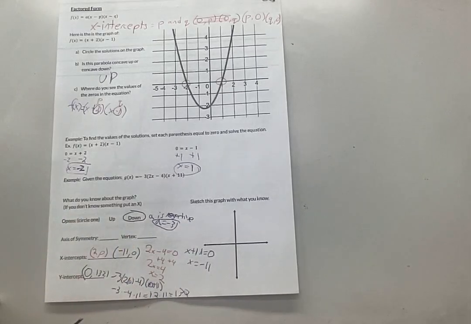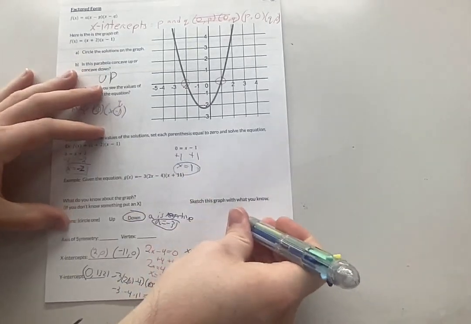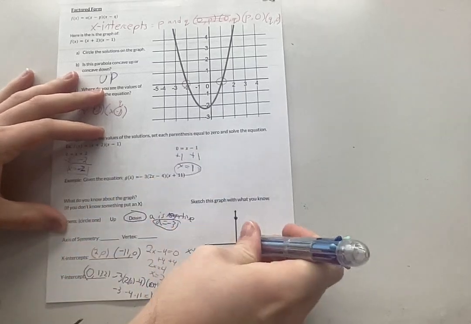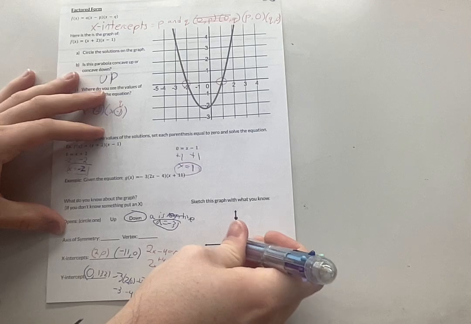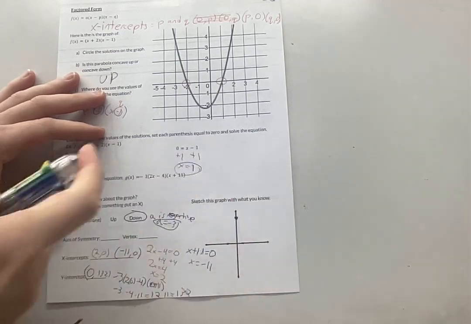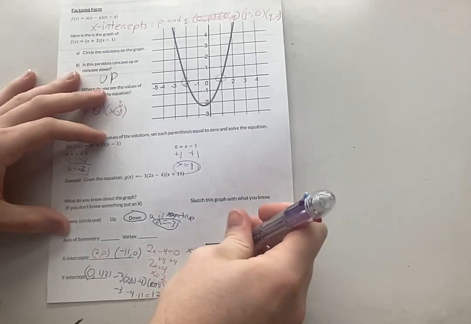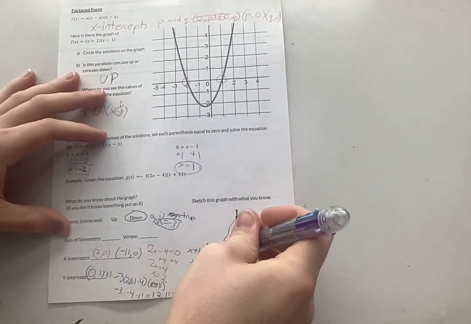So with all this information, we have a y-intercept that's pretty far up, and x-intercepts (2, 0) and (negative 11, 0), and it is a concave down graph. So we can say it looks something like that.